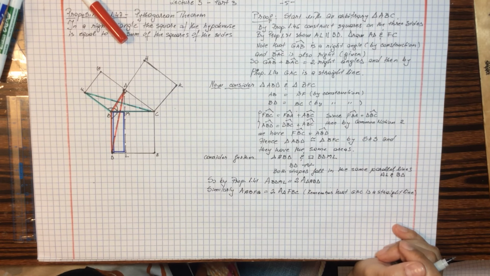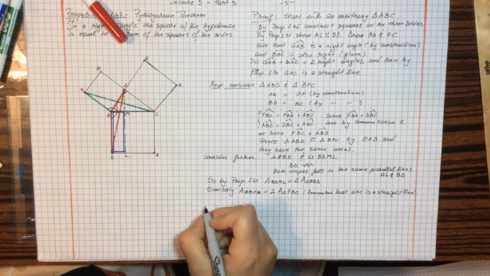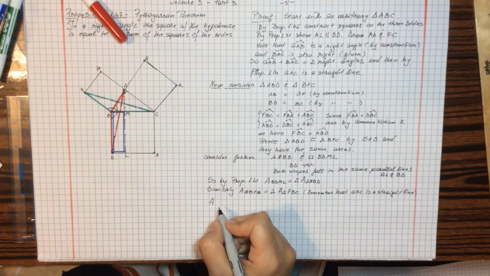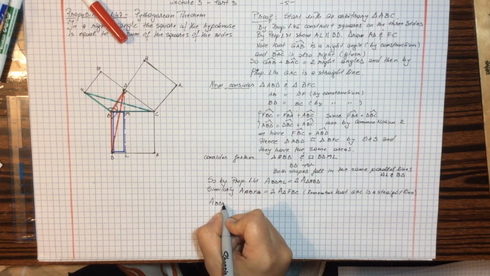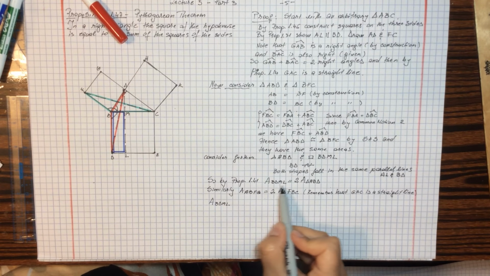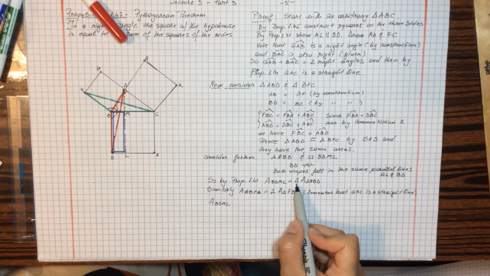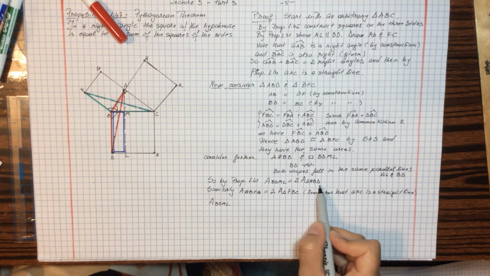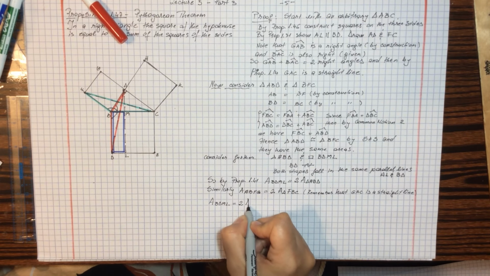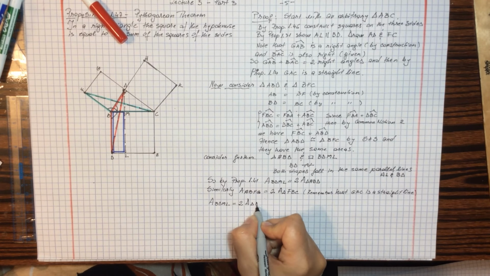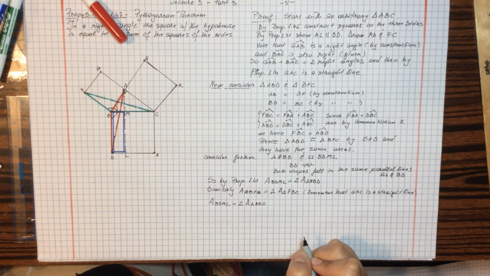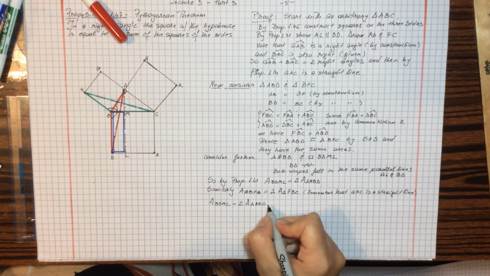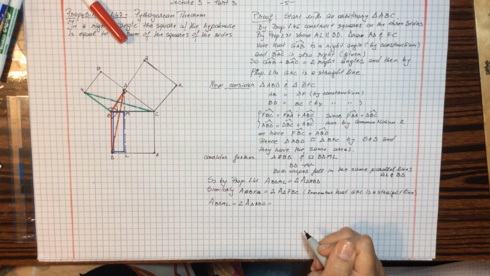Now, what we have said so far. Area of BDML. BDML is the blue rectangle. We said that it is equal to twice the area of triangle ABD. So this is the same triangle ABD.